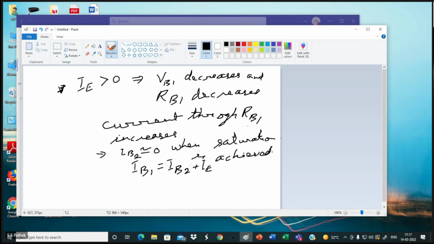So when IE increases, IB1 becomes very high. That will be equal to my IE, that is the forward current. So this IB2 will be tending to 0. If IB1 is tending to infinity and IB2 tending to 0, IE will be the same as my IB1.